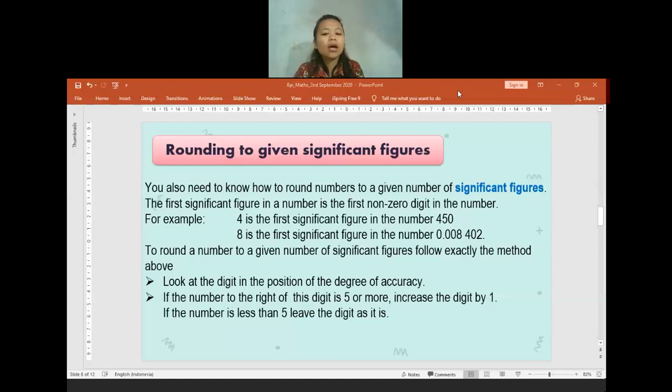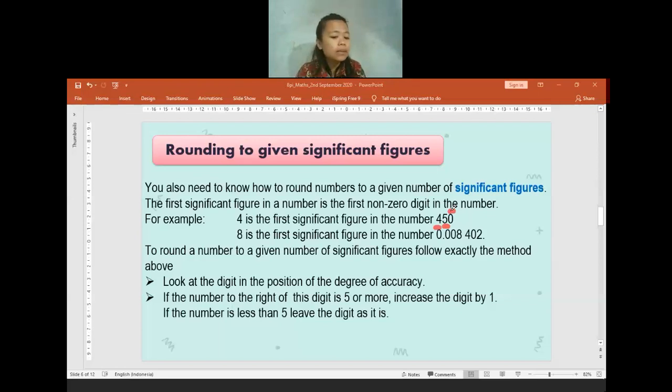So the 4 is significant, the 5 is significant, the 0 behind, sometimes it will be significant, sometimes it's not significant. If it is a whole number, the 0 at the back is sometimes not counted as significant figures.